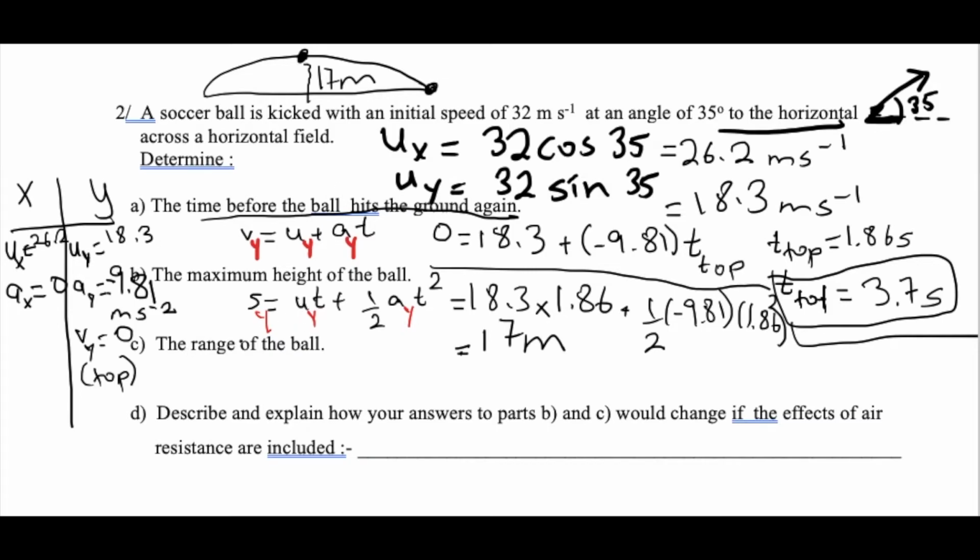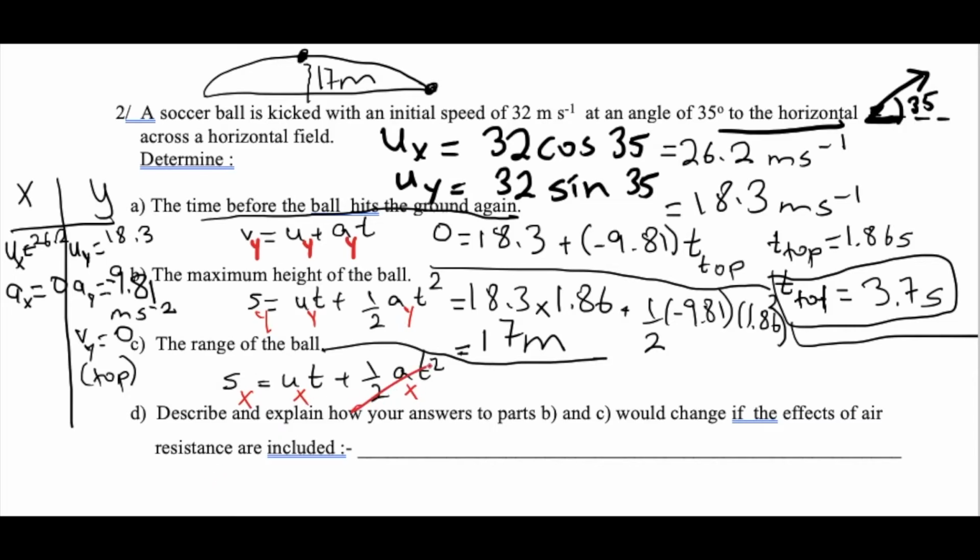To find the range of the ball, now this is a horizontal displacement. I'm going to use S equals ut plus 1/2 at squared again. But this time I'm looking at the horizontal because I'm solving for a horizontal.